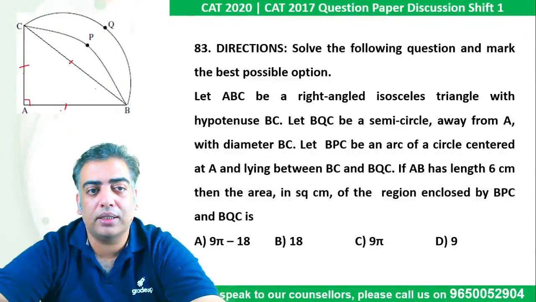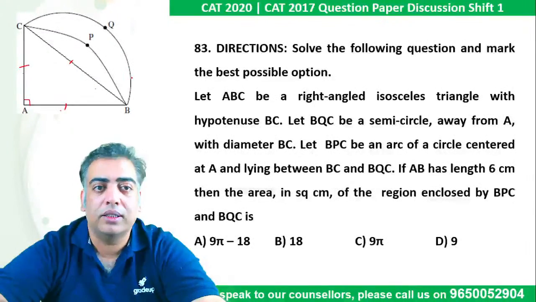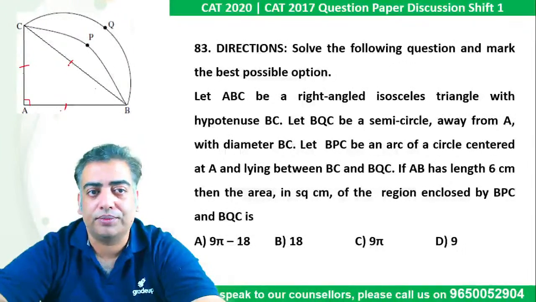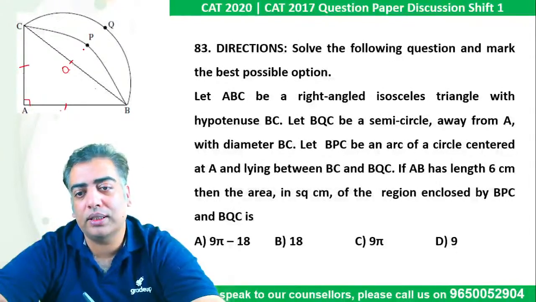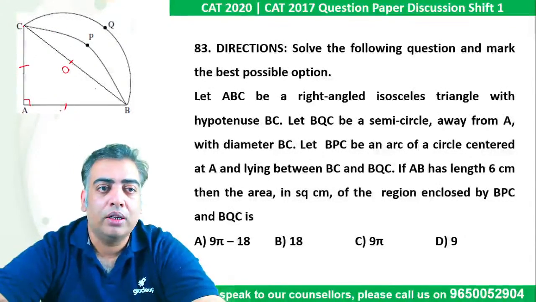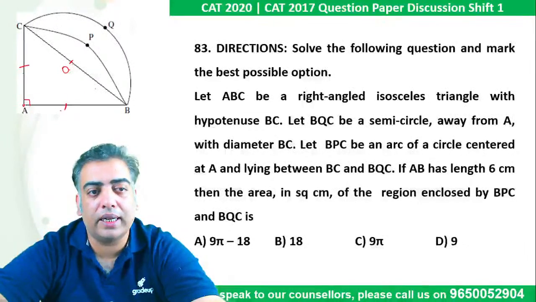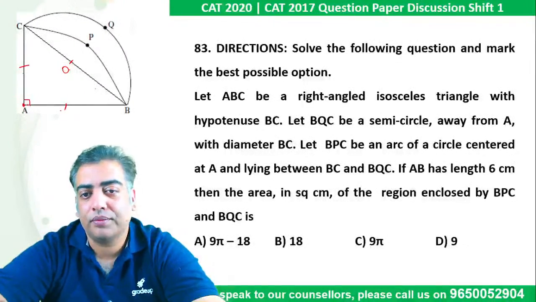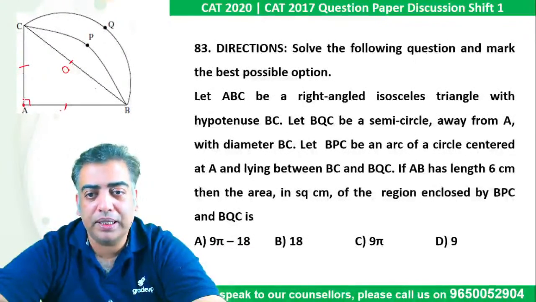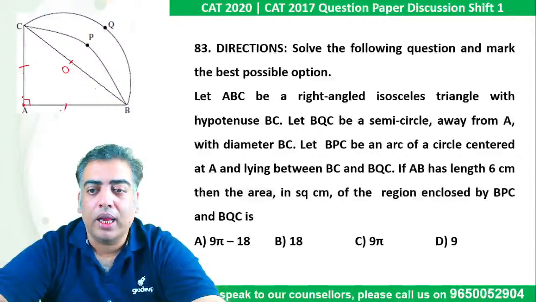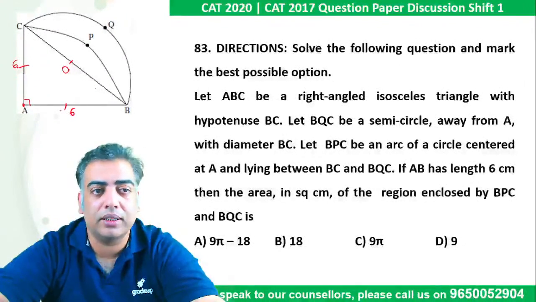So let's say this is the center of the circle, semicircle BQC. Let BPC be an arc of the circle centered at A. So this BPC is the arc of a circle centered at A. And lying between BC and BQC. If AB has length 6, AC is also 6.